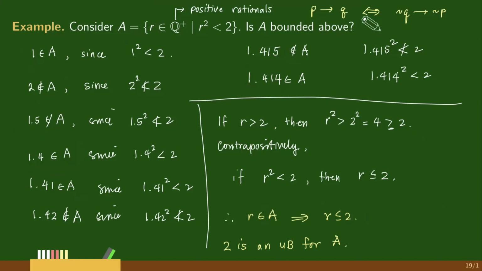Now, if you keep repeating this process forever, will you stop? The truth is this algorithm will never stop. Because ang theoretical value ng kanyang least upper bound ay yung number na square root of 2 na tinatawag natin. But we don't know this number in terms of decimals, right?